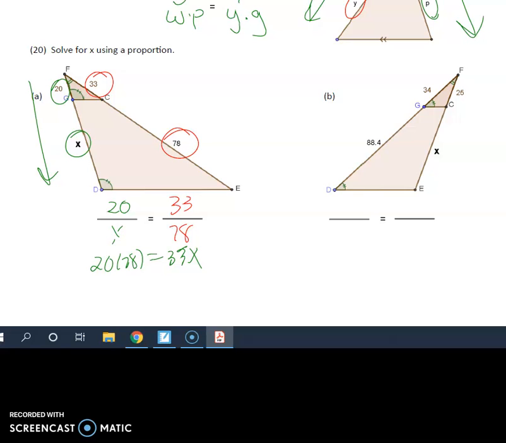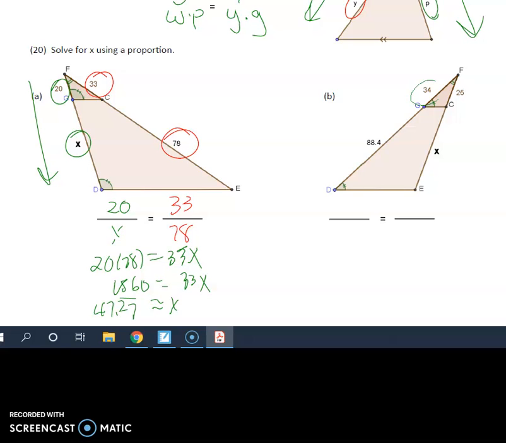Then if I take 20 times the 78, I get 1,560. And then if I divide by 33, you get an approximation here of about 47.27, actually 27 is repeating. 47.27 repeating.